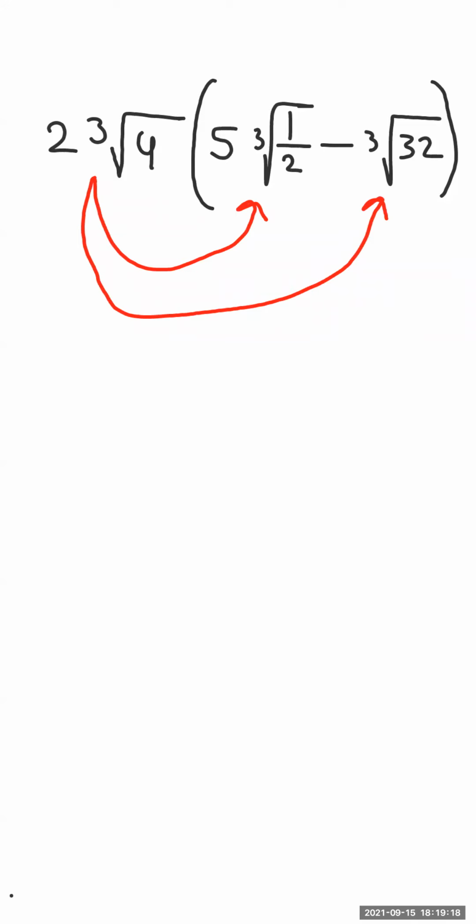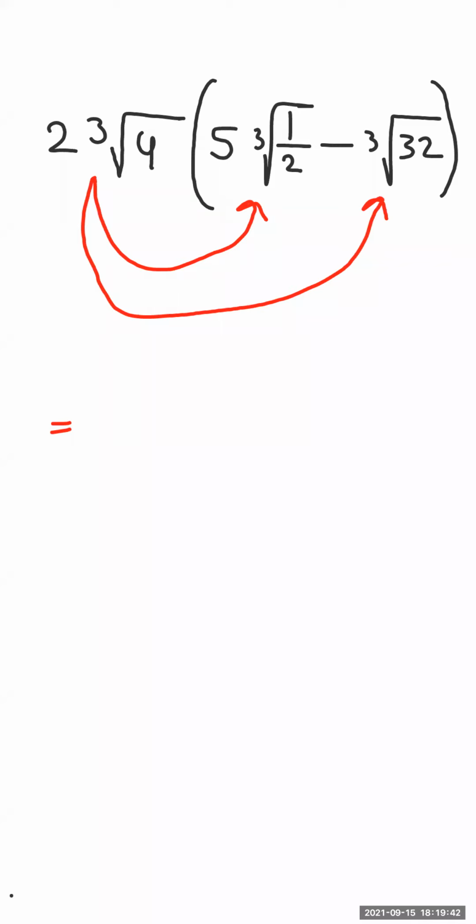Correct. But Mr., first, can we make the denominator of cubic root 1 over 2? You mean you want to change it? Okay. Check first if you multiply it, whether it will be simplified or not. Then decide whether you will multiply first, or change the denominator.